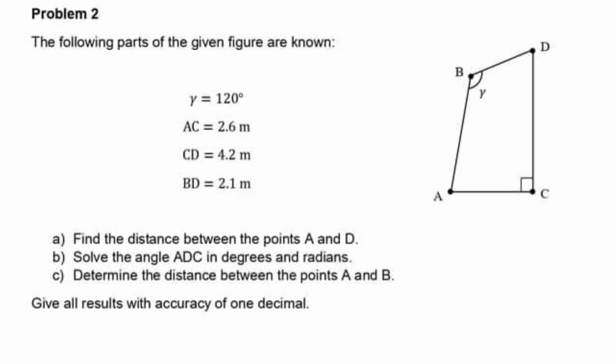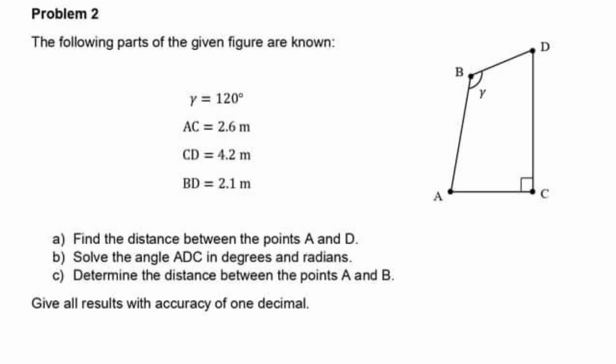The first 5 questions will be asked from mathematics and logical reasoning. Now let's read the question. The following parts of the given figure are known. Y equals 120 degrees, AC equals 2.6 meters, CD equals 4.2 meters, BD equals 2.1 meters. The first question asks to find the distance between points A and D, for which you should use the distance formula.